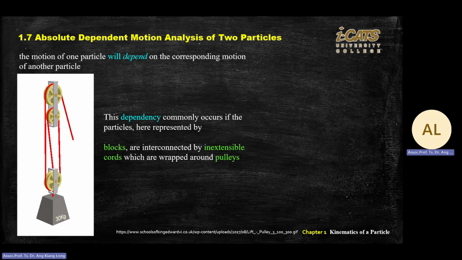So you need to find mu S before it moves. Before it moves means static, you use mu S. When the object starts to move, then you use mu K, kinetic, moving. So these are the general things that I want to mention.